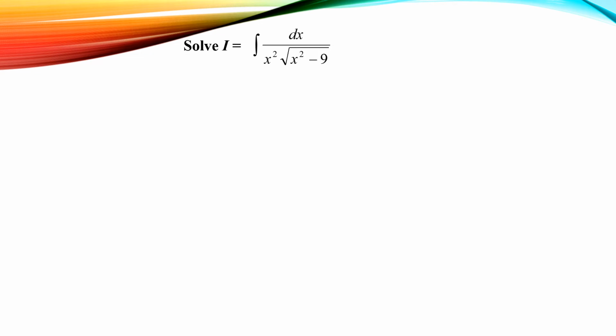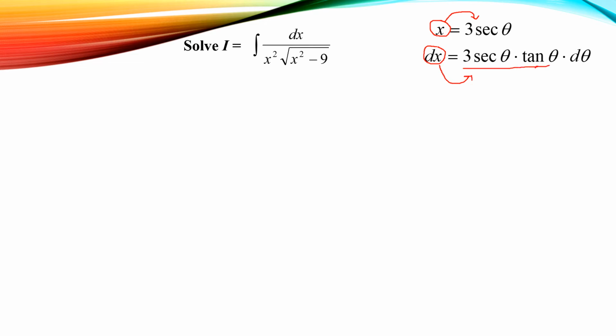Again, here's the original problem, and we had the two substitutions: x equals 3 secant theta and dx equals 3 secant theta tan theta d theta. Everywhere we see x, we replace it with 3 secant theta, and everywhere we see dx, we replace it with 3 secant theta tan theta d theta.